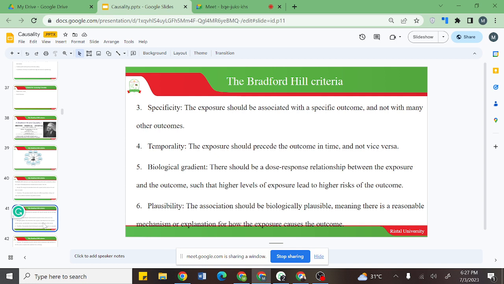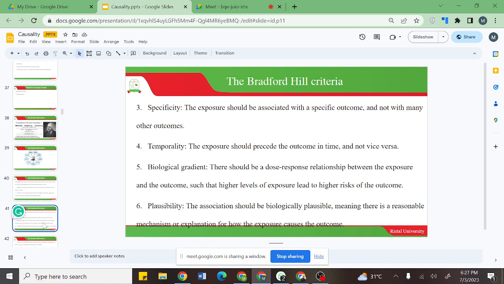One exposure should be able to be associated with at least one specific health outcome. So for example, smoking is associated with lung cancer. But other conditions can happen. Other respiratory conditions can also happen, and their mechanisms can actually be unknown.